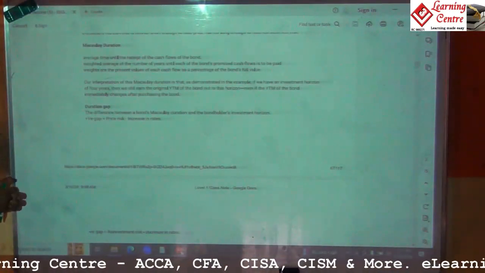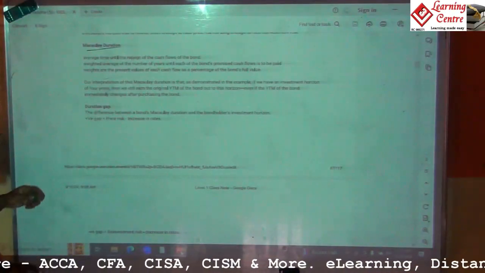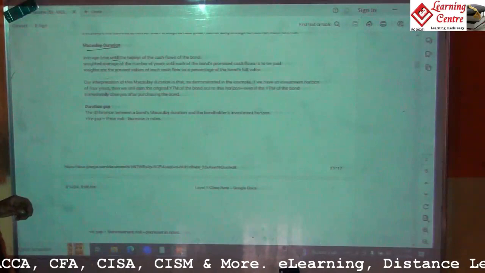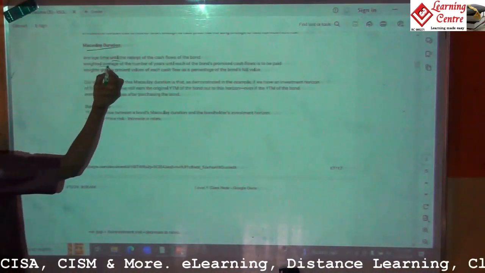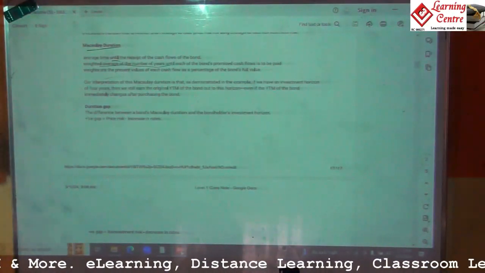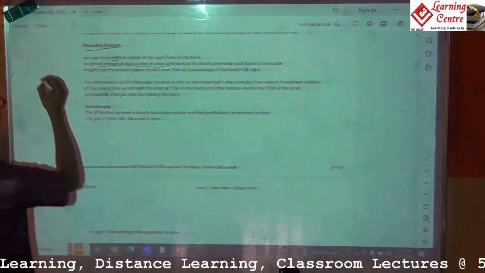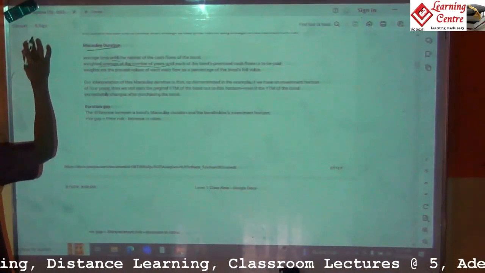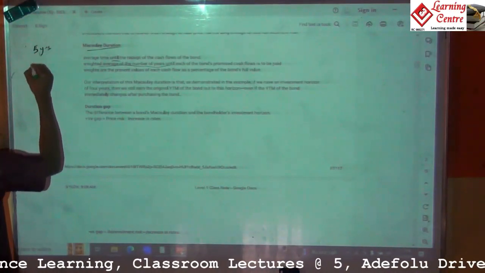So what is Macaulay duration? Macaulay duration is the average time to receive the cash flows of the bond. It is the weighted average time, the number of years until each of these cash flows is to be paid. So let's do this live. I have this 5-year bond.